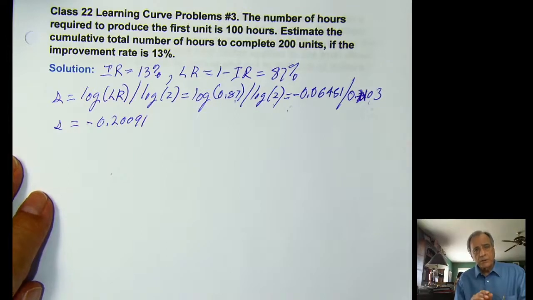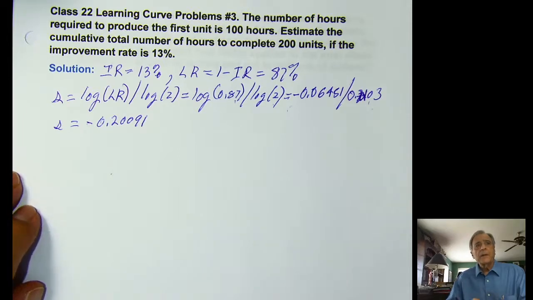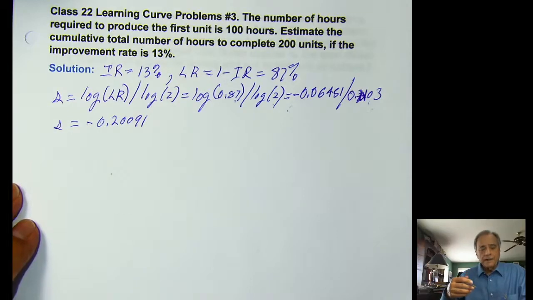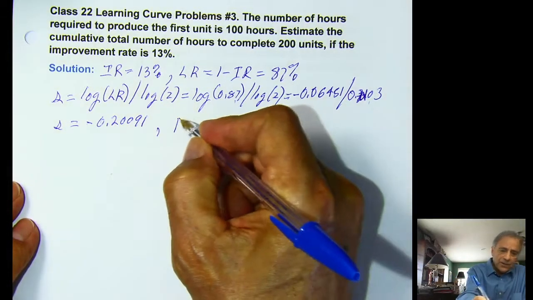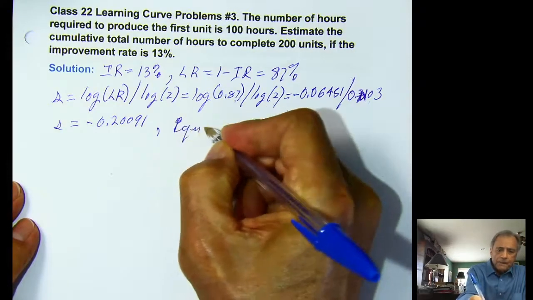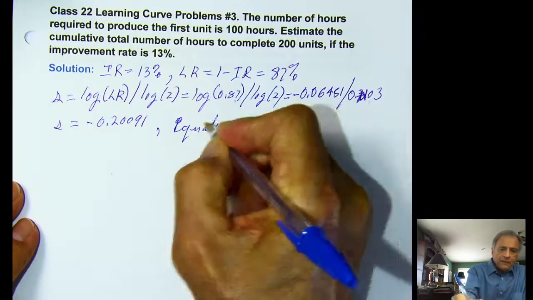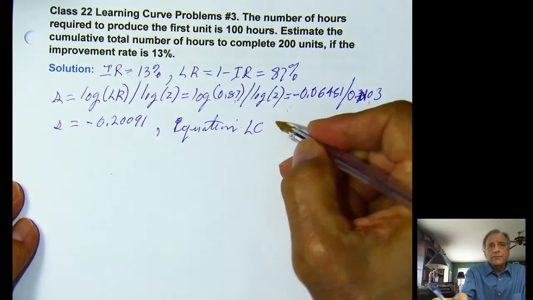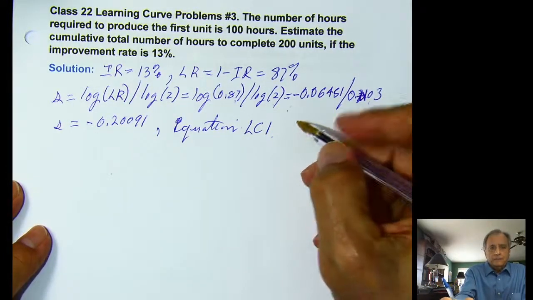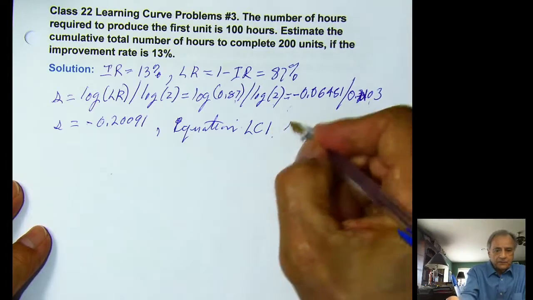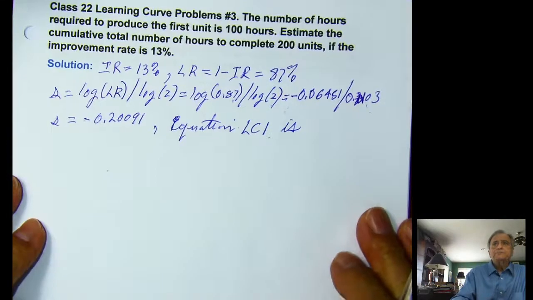That approximation formula I called LC1, for learning curve handout, equation 1, and it is as follows.